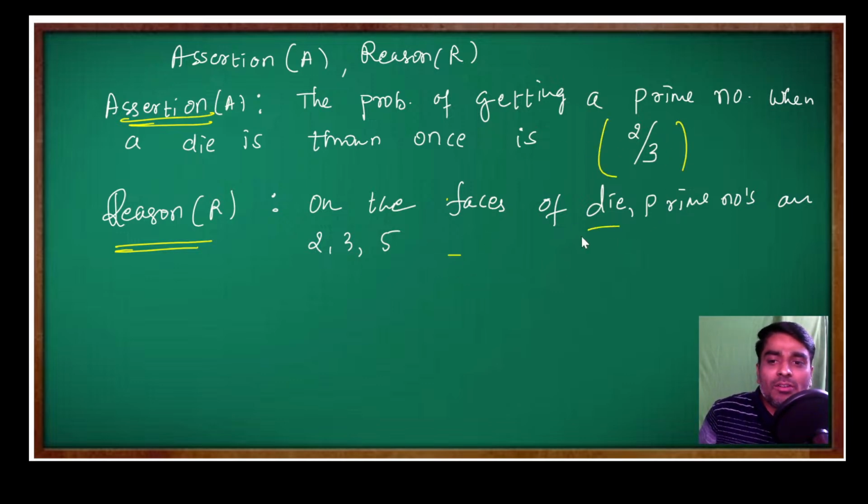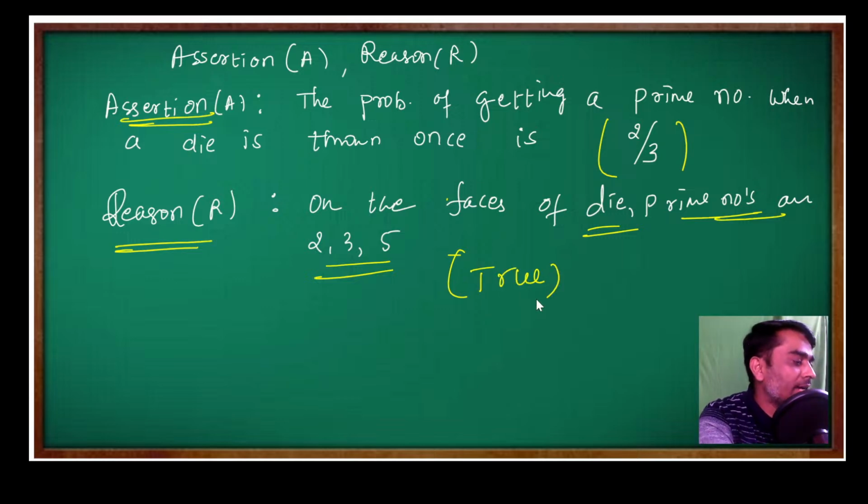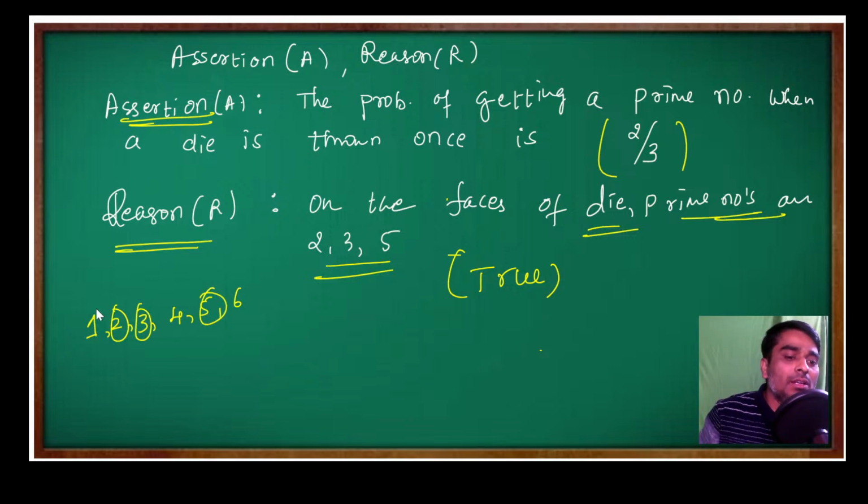Now on the faces of a die, prime numbers are 2, 3, 5. This is true, because on a die we have prime numbers 2, 3, 5 only. A die will have 6 faces, 1 2 3 4 5 6. In this the primes are 2, 3, 5. One is not a prime, nor a composite. So the reason is true.